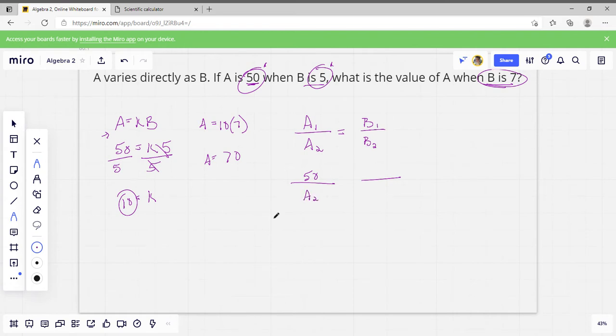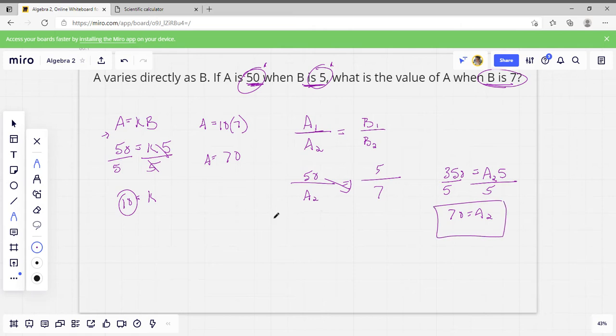B1 would be 5, and B2 would be 7. Then all you do is cross multiply. 50 times 7 is 350 equals A2 times 5. Then we divide by 5. 350 divided by 5 is 70, so A2 equals 70. You solve it just about the same way.